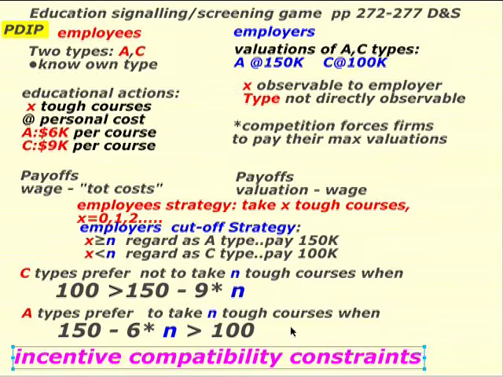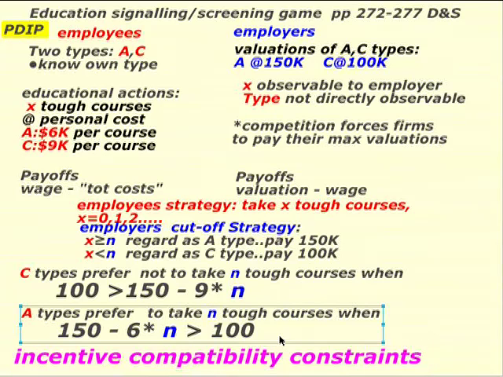They're really just ideas about best responses given the constraints or choices they face, which in this case are to decide how many courses to take. We've set this up hypothetically, looking for a number n of tough courses that will satisfy the incentive compatibility constraints for the C types and for the A types.